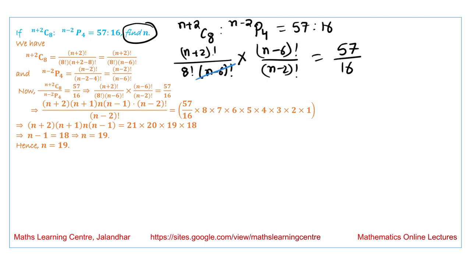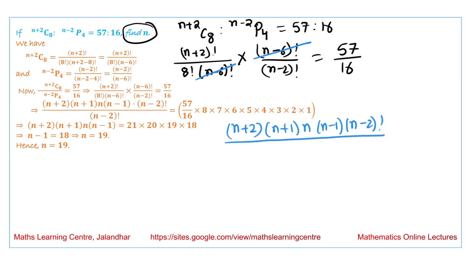So this n minus 6 factorial gets cancelled, and we can write n plus 2 into n plus 1 into n into n minus 1 into n minus 2 factorial divided by 8 factorial into n minus 2 factorial, which is equal to 57 by 16.